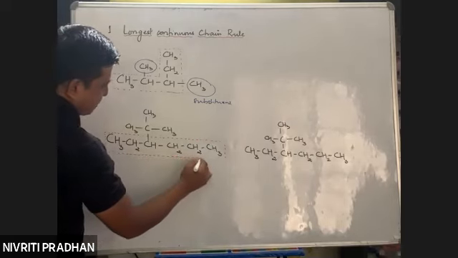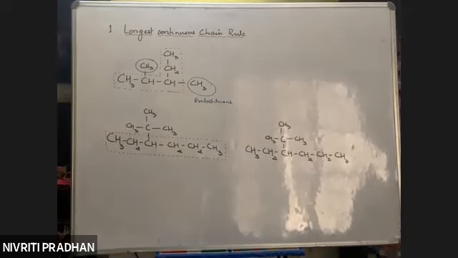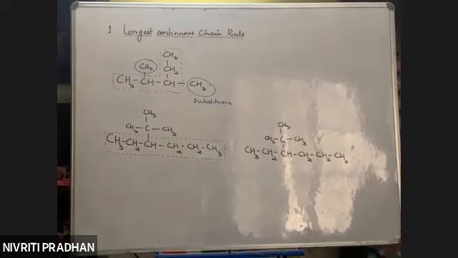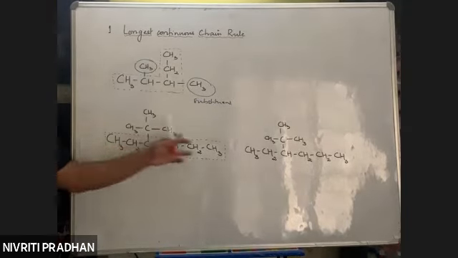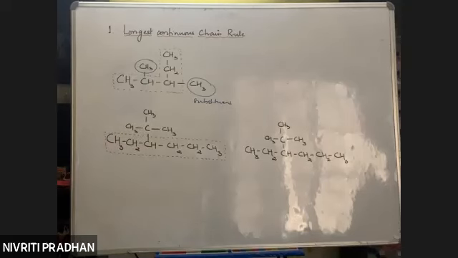Branching means, from the carbon skeleton, how many alkyl groups. For example, here there are two branches. If I consider this as the longest continuous chain, we see only one branching, from this third carbon atom.